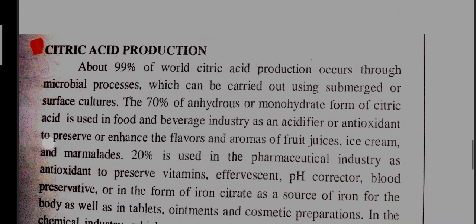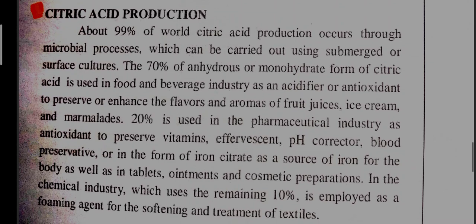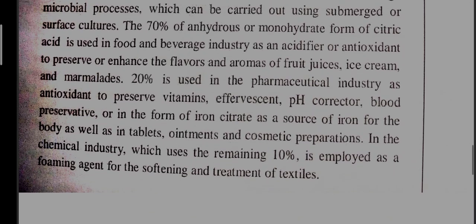Next is citric acid production. About 99% of world citric acid production occurs through microbial processes, which can be carried out using submerged or surface cultures. 70% of the anhydrous or monohydrate form of citric acid is used in food and beverage industry as an acidifier or antioxidant to preserve or enhance the flavors and aromas of fruit juices, ice cream, and marmalades. 20% is used in the pharmaceutical industries as antioxidant to preserve vitamins, effervescent, pH corrector, blood preservative, or in the form of iron citrate as a source of iron for body as well as in tablets, ointments, and cosmetic preparations.